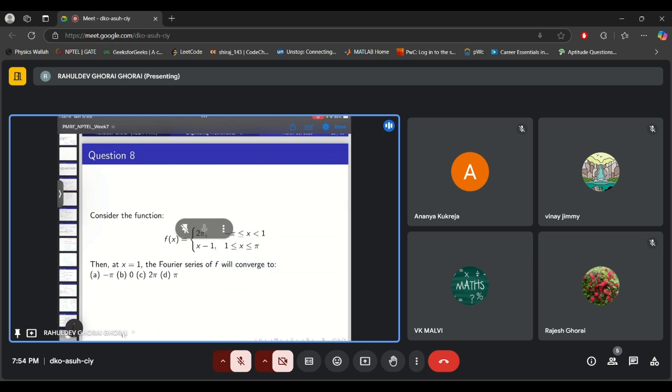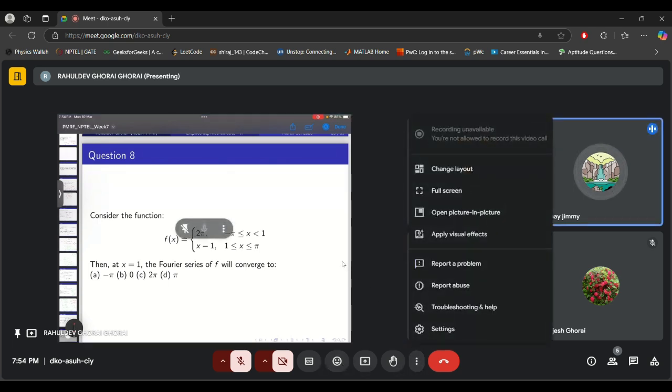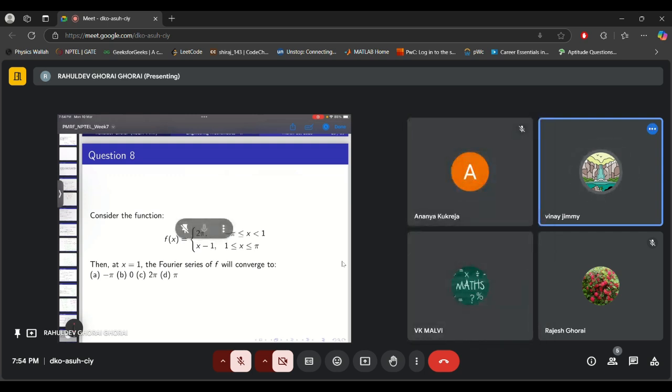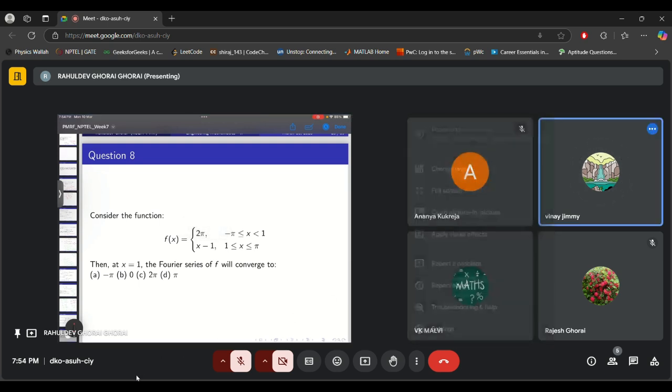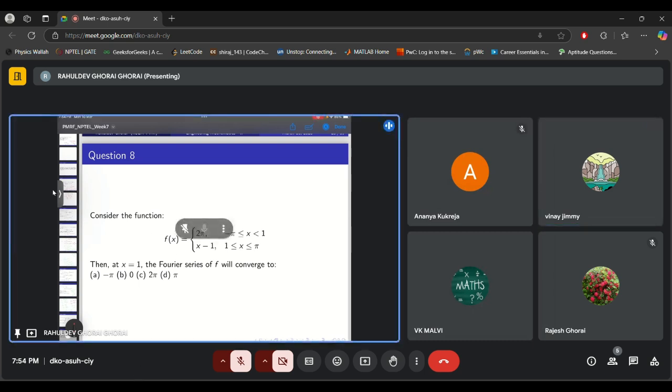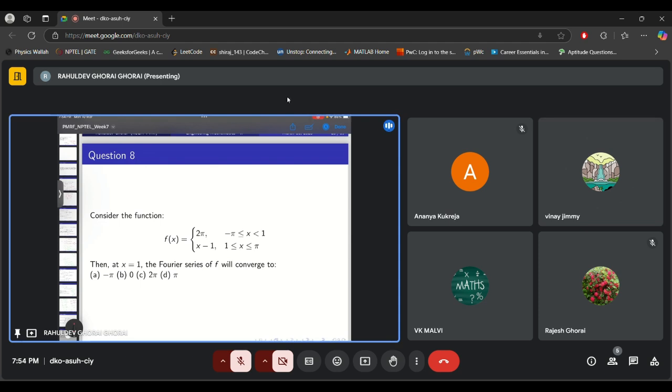At x equal to 1, the Fourier series of f will converge to... So the Fourier expansion for x minus 1. Why not 2 pi? And 2 pi also. I mean the whole thing you have to do, right? Both. Okay, you do it and let me know what is your answer.